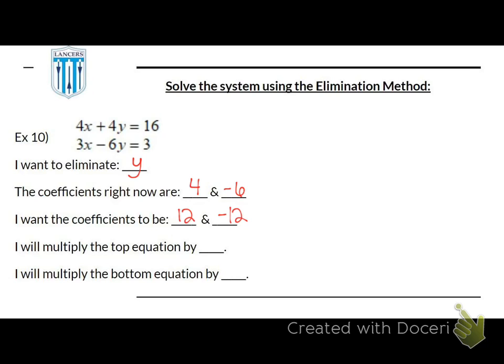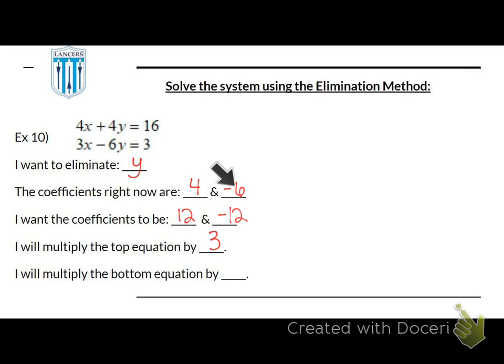Again, there's not just one correct way to do this. There are multiple ways of doing these problems. I'm just going with what I think is the easiest way. If I'm trying to make this 4 into a 12, I will multiply the top equation by 3.